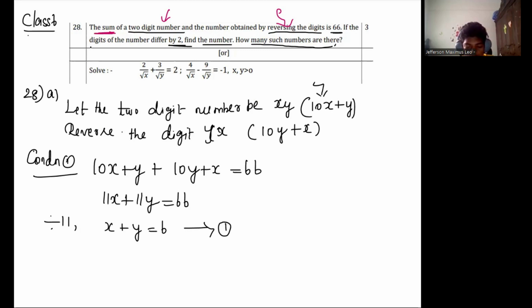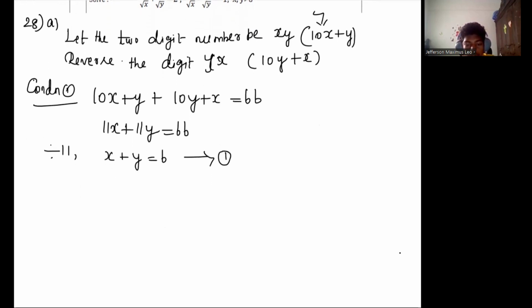If the digits differ by 2, then either x minus y or y minus x, right? So we can take both. First, condition number 2: x minus y is equal to 2. This is one case.